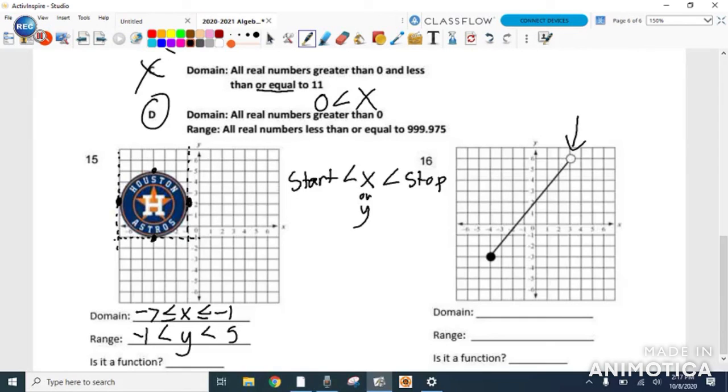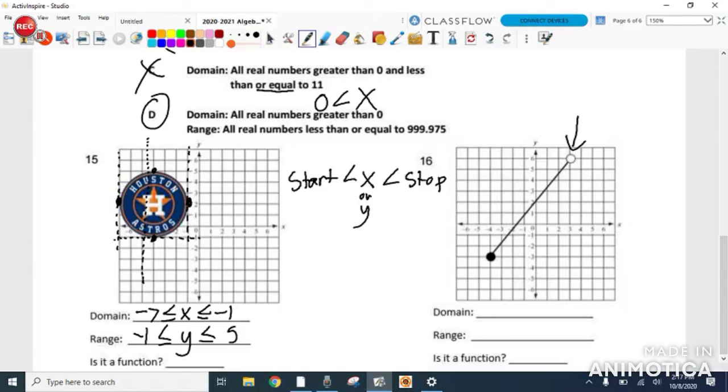Now, is it a function? All you have to do is draw a vertical line anywhere, and as long as your graph, your line or your curve only intersects once, you're good. Here, it intersects more than once, so that means this is not a function.